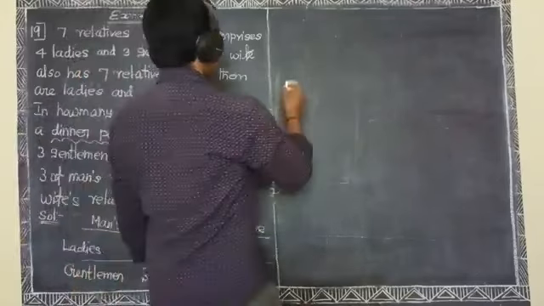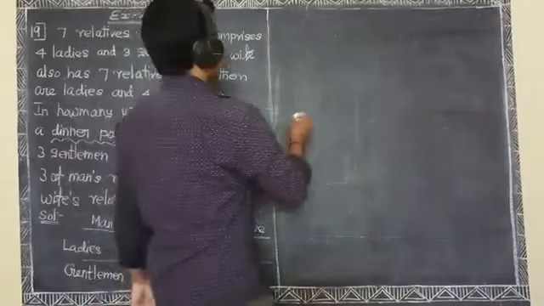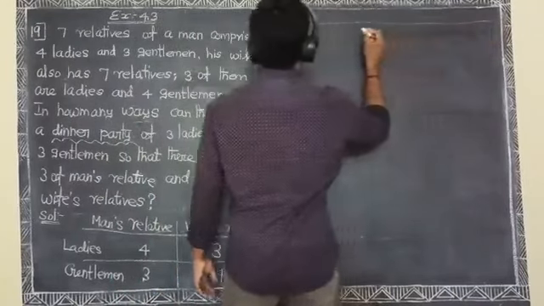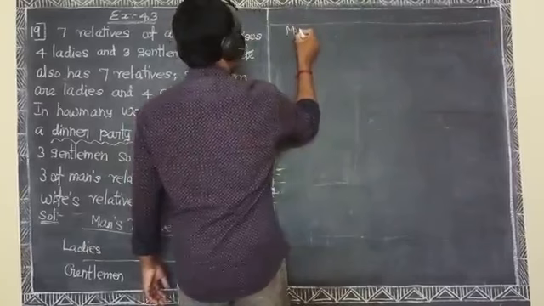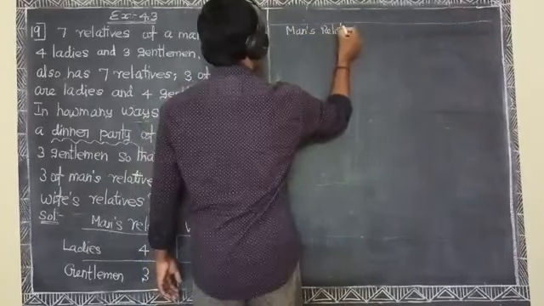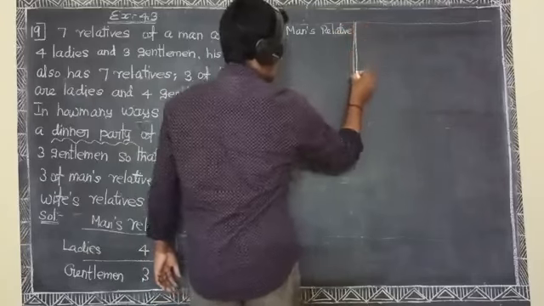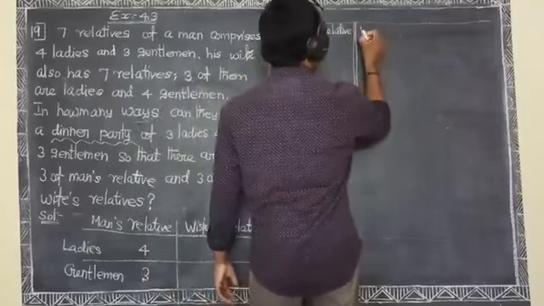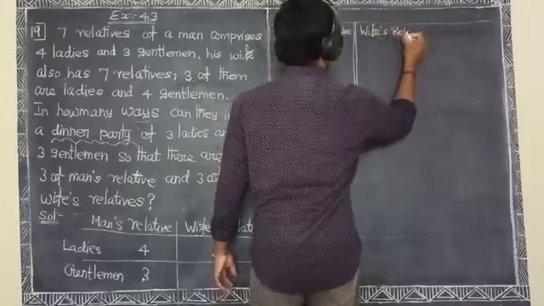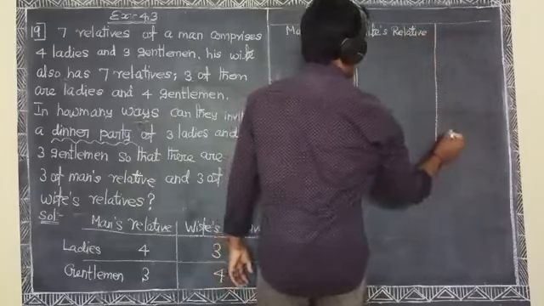Here this is the given. Here total number of ways, using tabulation: man's relative, wife's relative, number of ways.